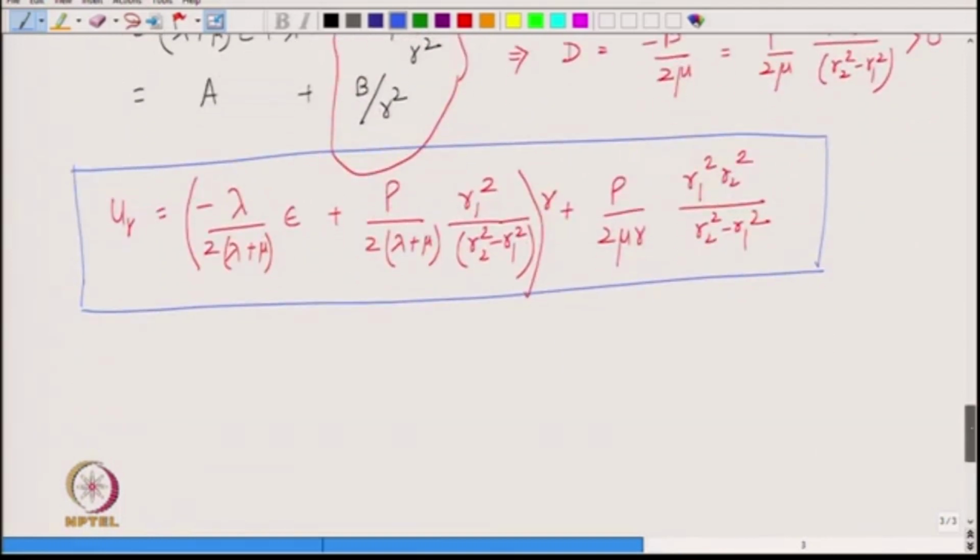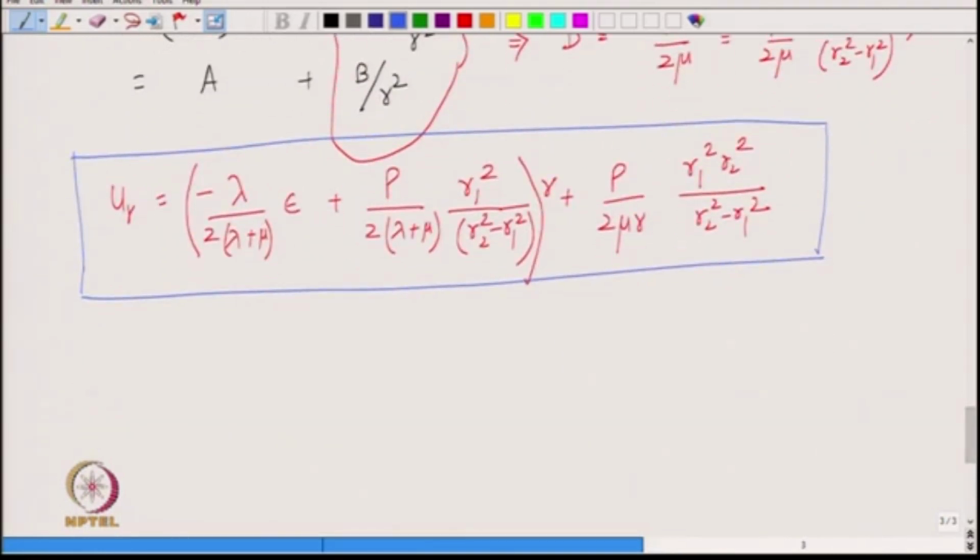And again, can you see what happens if pressure is equal to 0? So, if P is equal to 0, then u r is simply minus lambda over 2 times lambda plus mu times epsilon into your r. Okay.